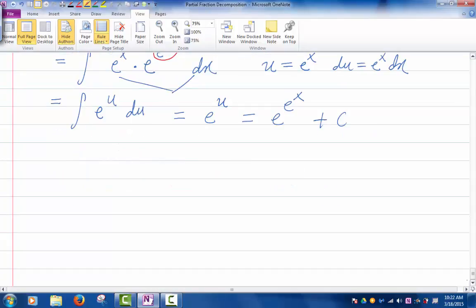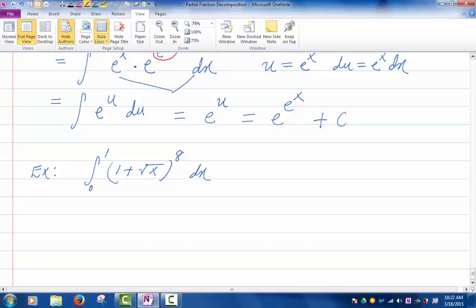Okay, so let me move on. Let's say I have the integral from 0 to 1 of 1 plus root of x to the 8 dx. There are two things you could do.